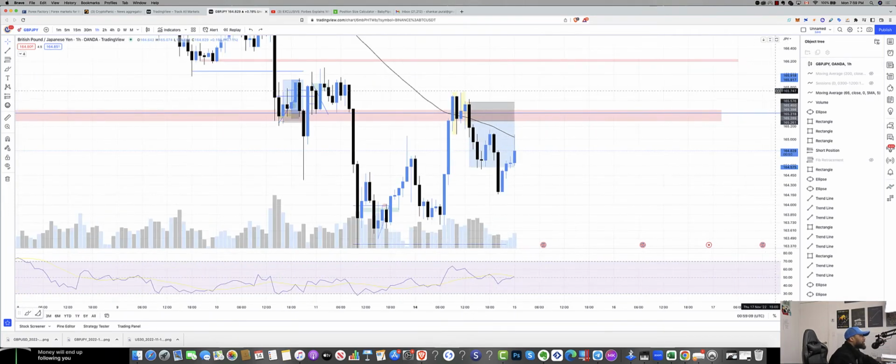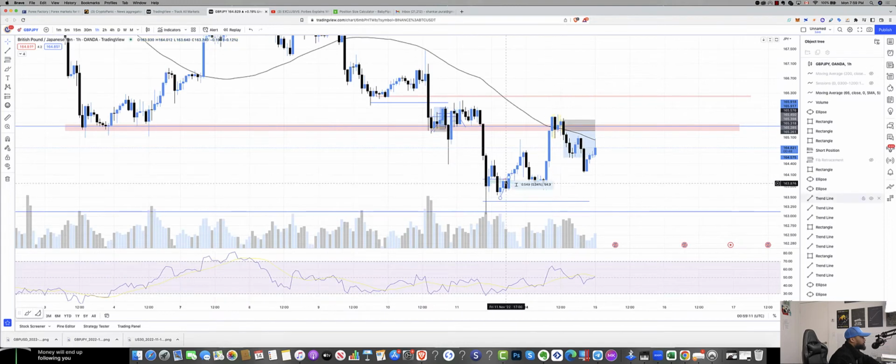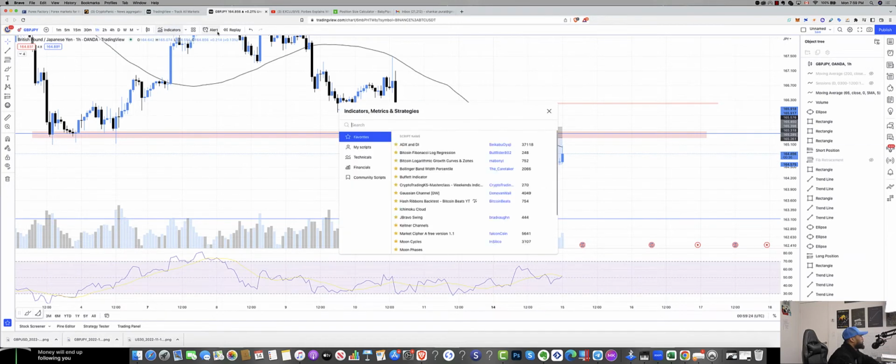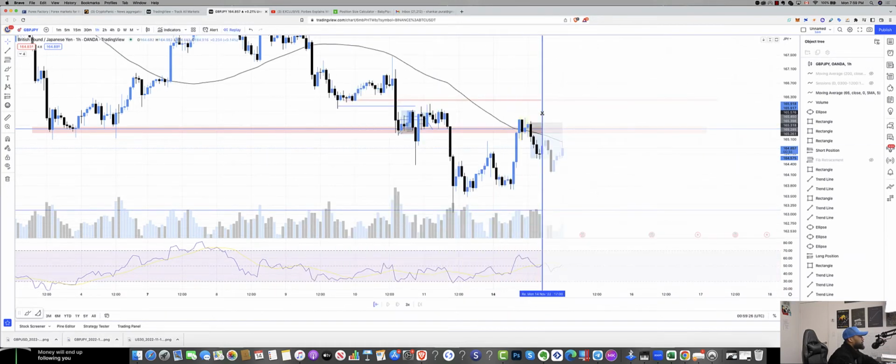So if we look at this price action right here, I'm just going to delete over here so you guys can get a better look. Okay, so the price did break above.